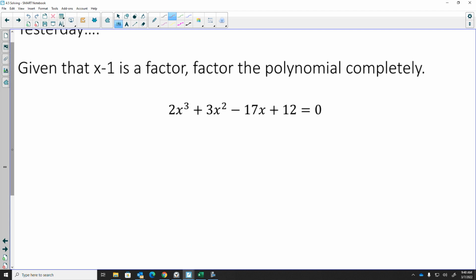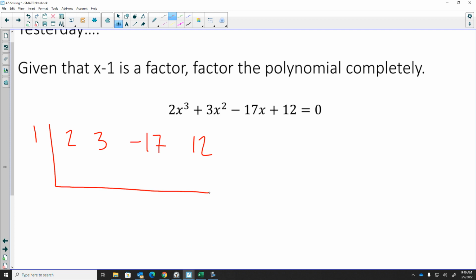Flip this. 2, 3, negative 17, 12. We might have done this one last week. Drop it down. Multiply. Add. Multiply.